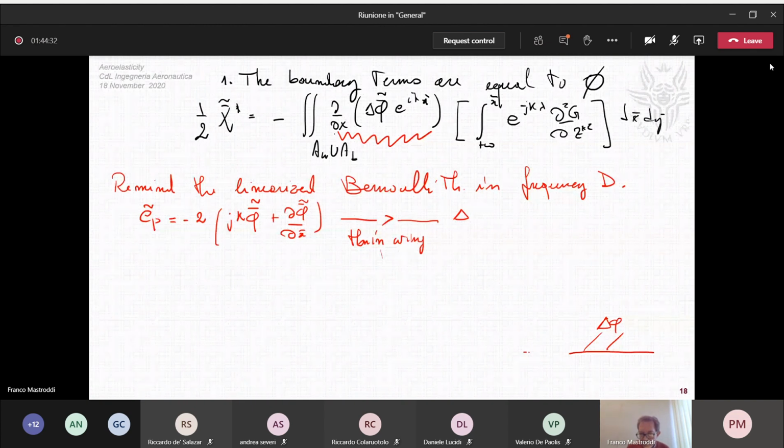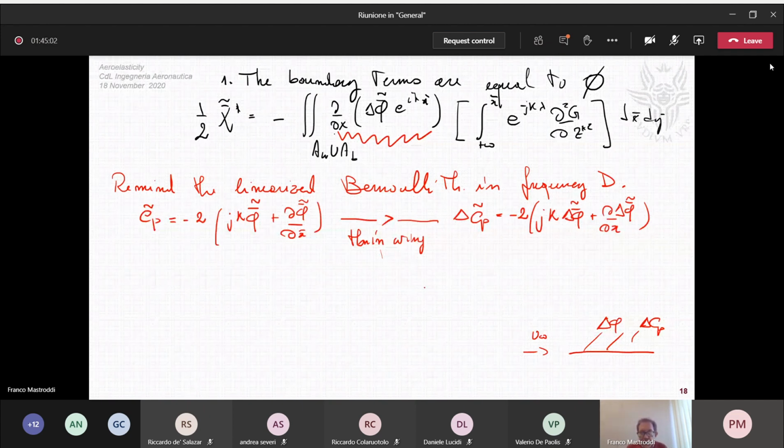Okay? And you have correspondingly a delta Cp. So we have a delta Cp, which is equal to minus 2 jk delta phi plus the derivative with respect to x of delta phi. This is the Bernoulli theorem.